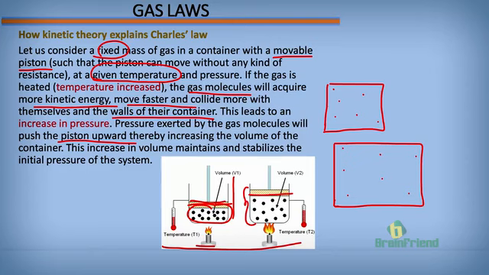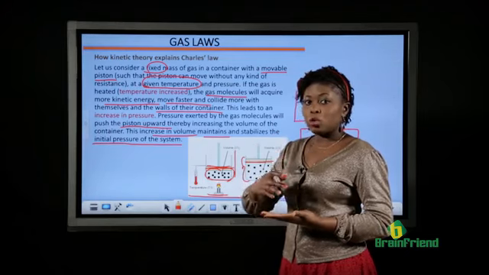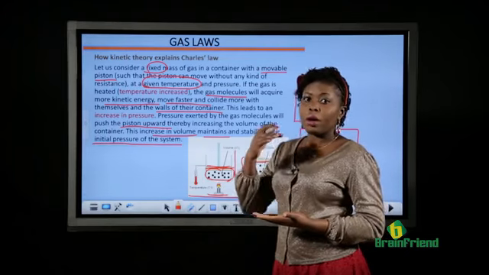Now what happens when the piston moves up? It means that volume has increased. This increase in volume tends to maintain and stabilize the initial pressure of the system. So when that excess pressure came as a result of increase in heat on this system, that pressure is going to cause the volume of the container to increase, to cause that movable piston to go higher.